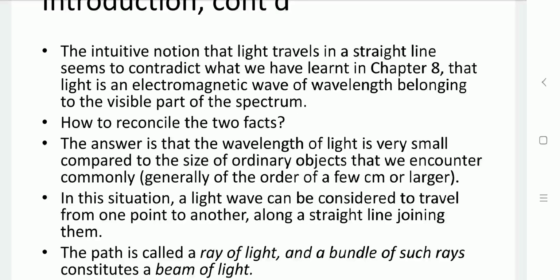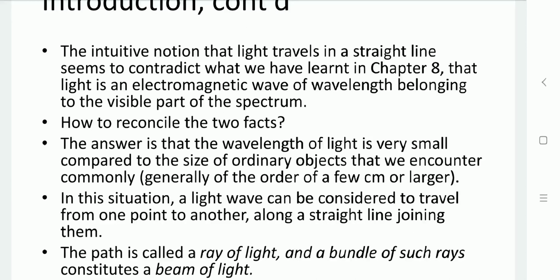That light signal has a very small wavelength, and accordingly we can say the frequency is very high. We have the equation f equals c by lambda. So wavelength is less, and accordingly we get a very high frequency.